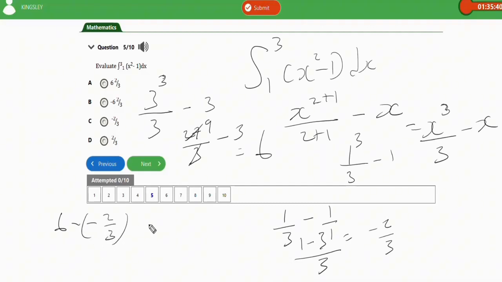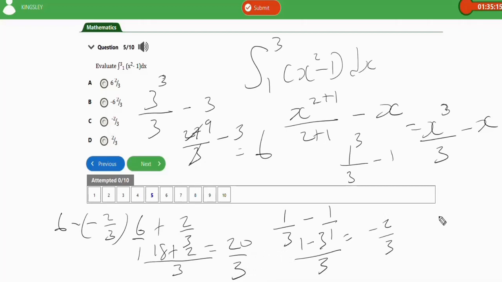Minus times minus will give you plus. This is 6 plus 2 over 3. Find the LCM. LCM is 3. 1 into 3 is 3. 6 times 3 we have 18, plus 3 into 3 is 1, 1 times 2 we have 2. So this will give us 20 over 3.